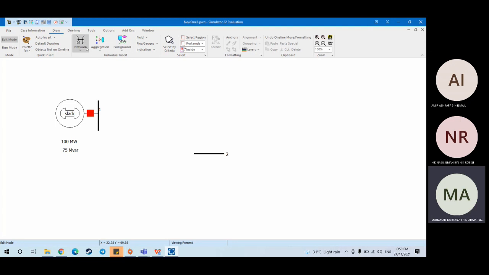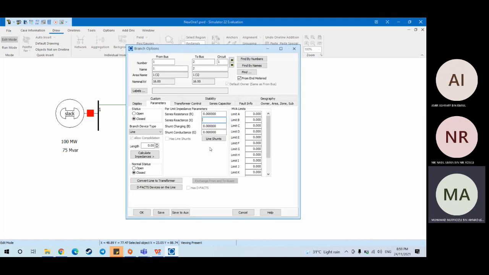Next, insert the transmission line from bus 1 to bus 2. For the transmission line, X we put 0, limit A 200, limit B 100, limit C 100.